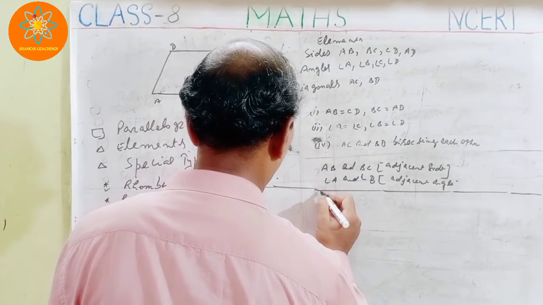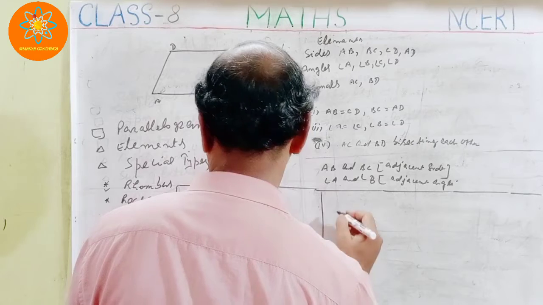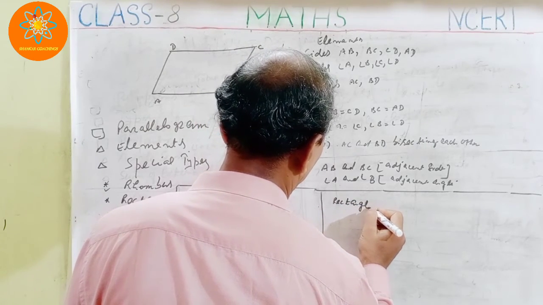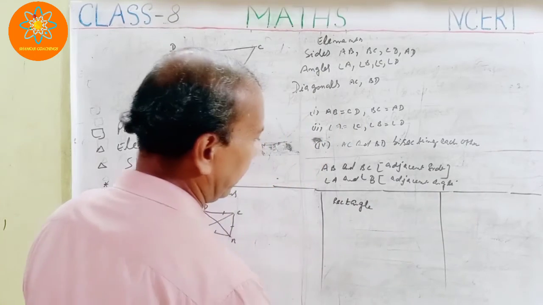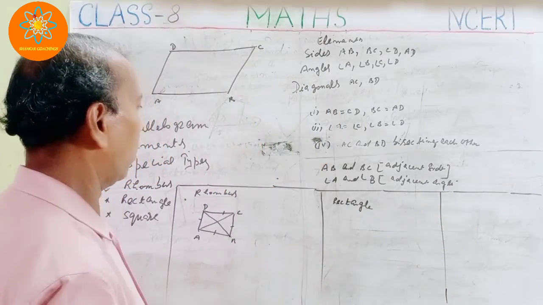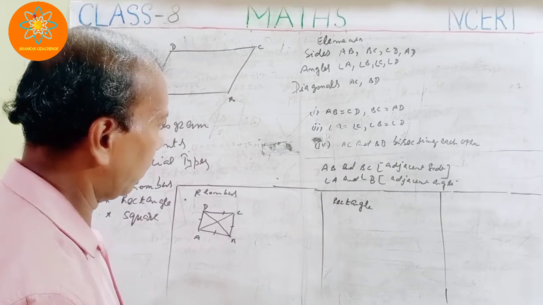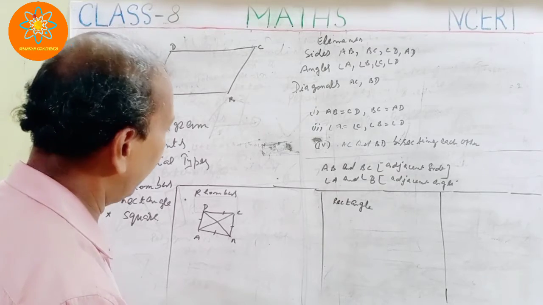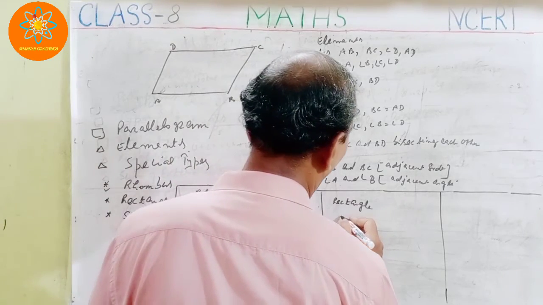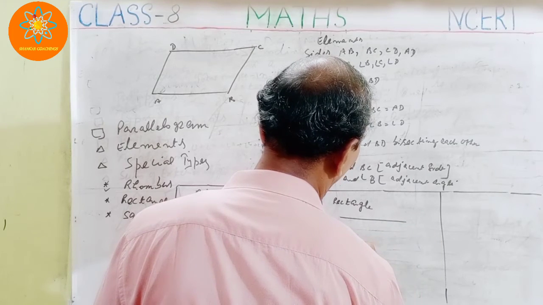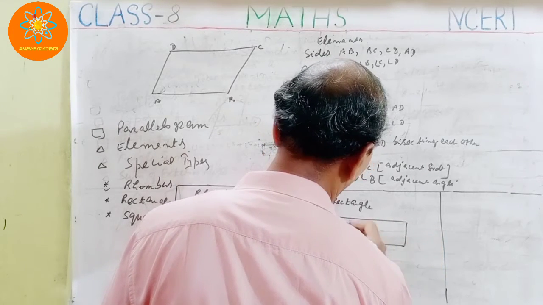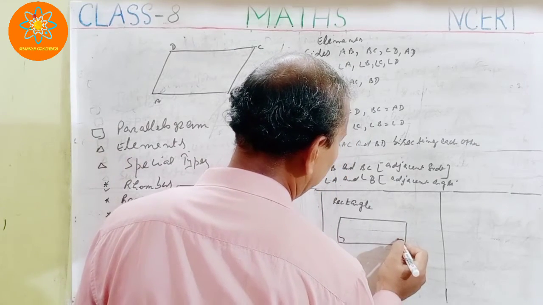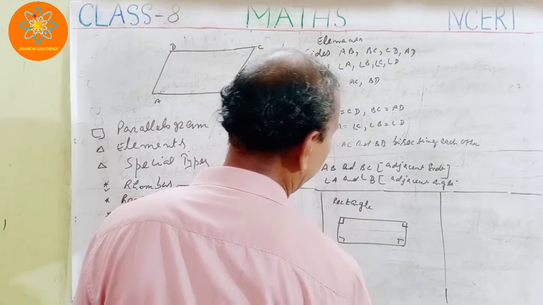Next, you come to the rectangle. In the case of a rectangle, it is also a special type of parallelogram, and all the angles are equal. This is 90 degrees, this is 90, this is 90, and this is 90.